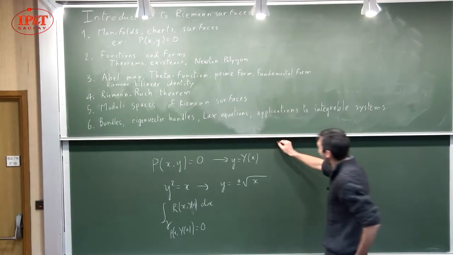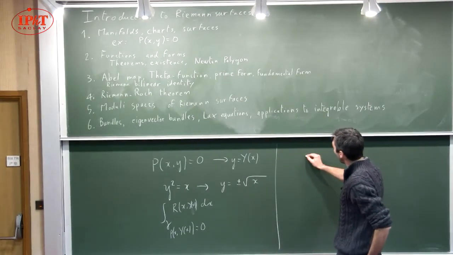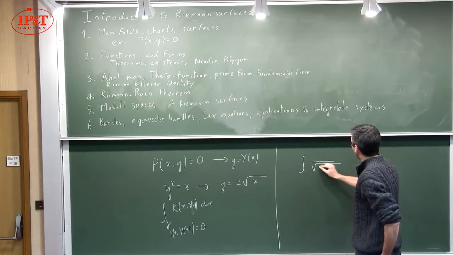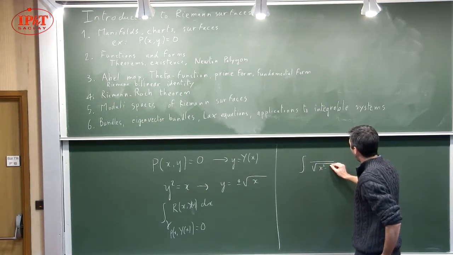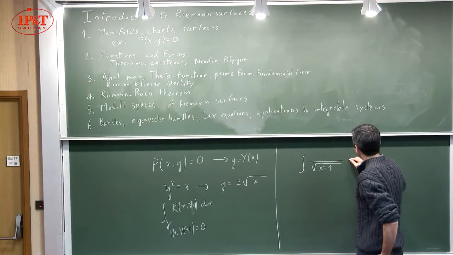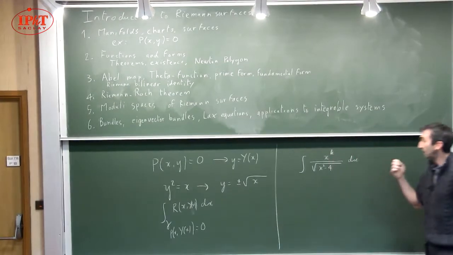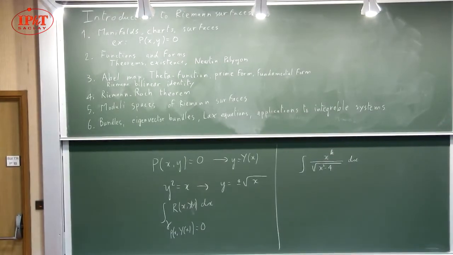A very simple example is, imagine you want to compute, for instance, the integral of dx, x to the k, over the square root of x squared minus 4. Imagine you want to compute such an integral.